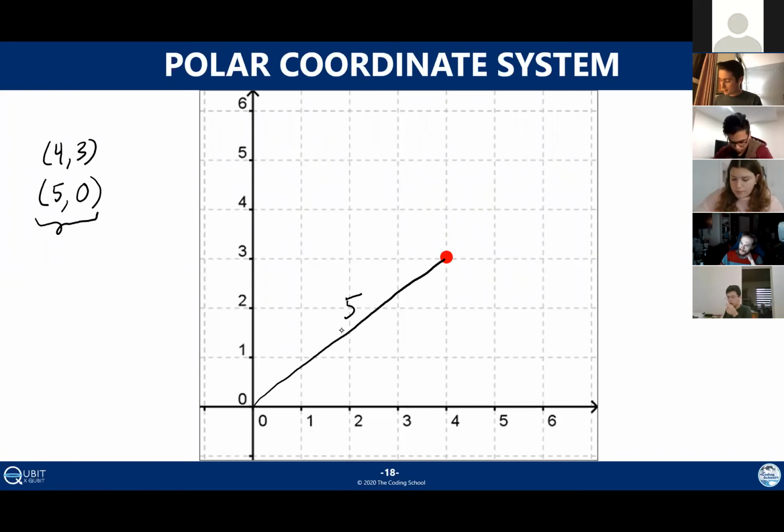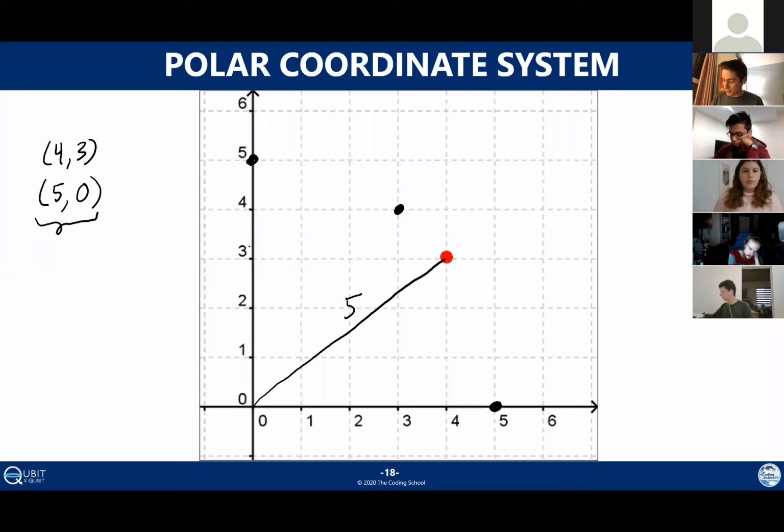Now, the second number I'm going to use here is the angle. Why do we need the angle? If I just tell you that a point is 5 units away from the origin of our coordinate system, that could be a point down here as well, because this point is also 5 units away from the origin. Likewise, it could be a point up here that's also 5 units away.